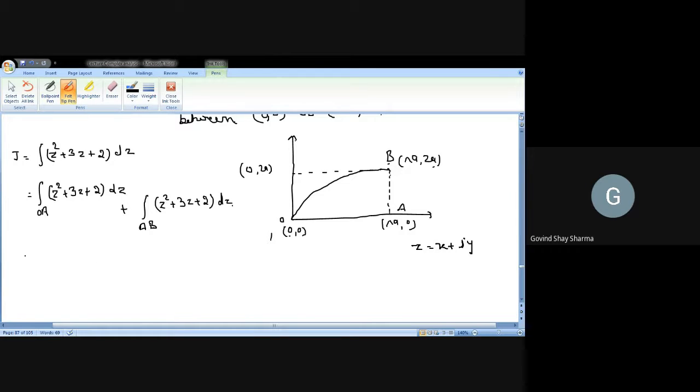Now first for OA, x varies from 0 to pi a and y from 0 to 0. So z becomes x plus 0, and dz becomes dx.